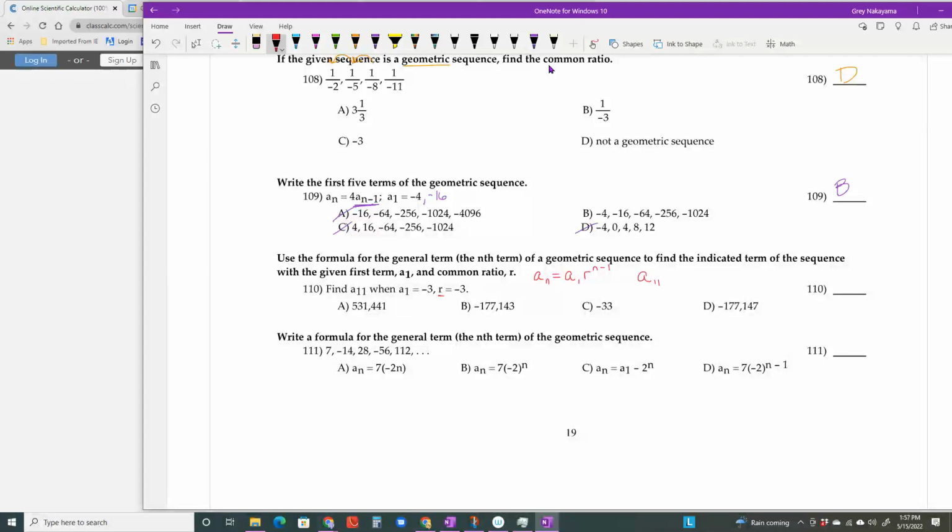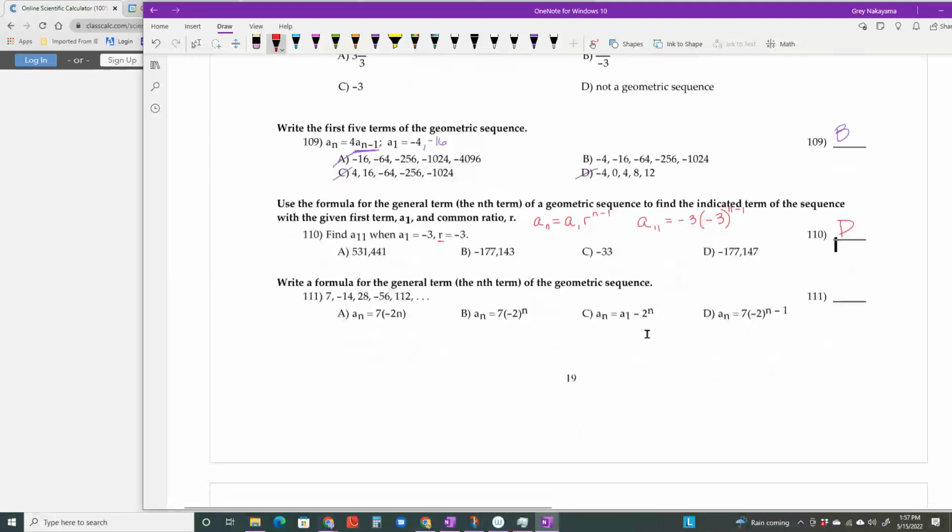So a sub 11 is the first term of -3 times my r value. Better put in parentheses if it's negative. And then 11 minus 1. Okay? And when you plug that in, you're going to find out that you get -177,147. So there's your answer. All right.